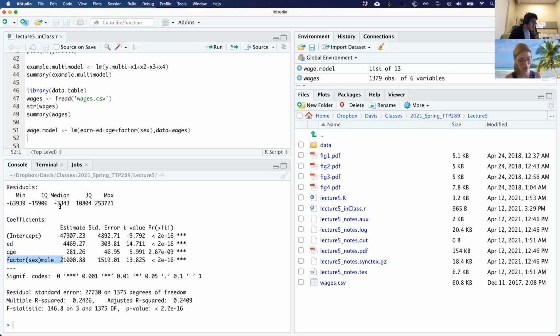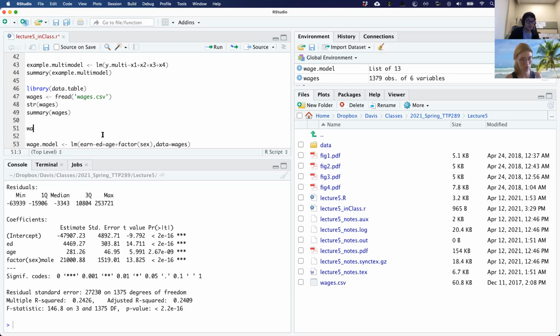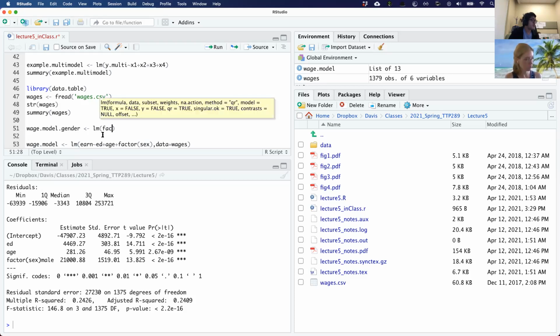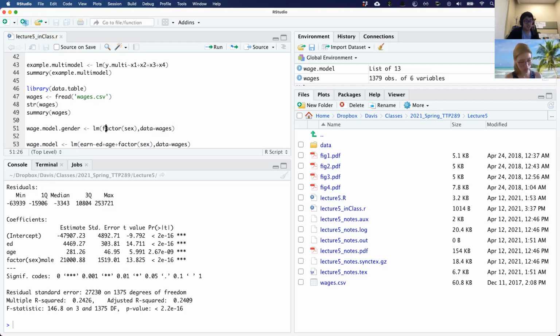Let me take a step back and simplify this wage model. I'm just going to do the explanatory variable of gender.